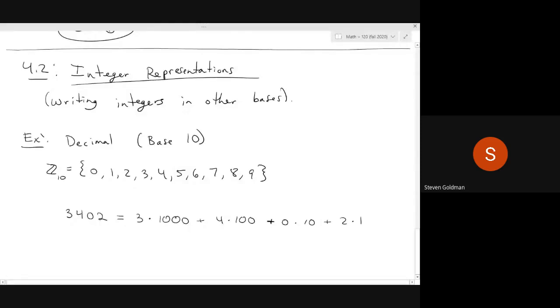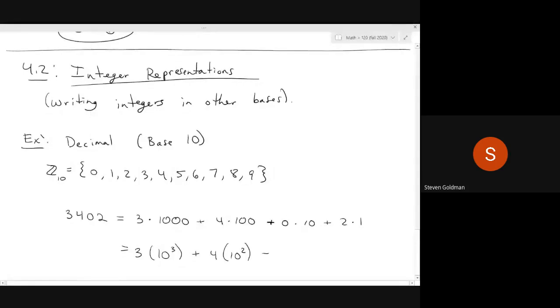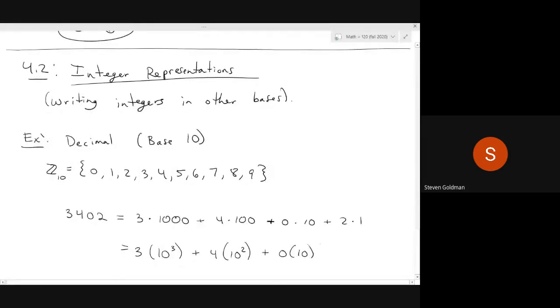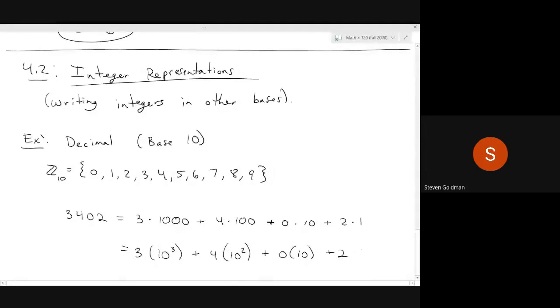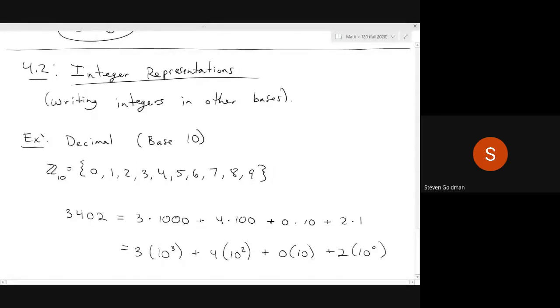In other words, I've got 2 ones, 0 tens, 4 hundreds, and 3 thousands. Or I can also think of this as powers of 10. This is the same thing as 3 times 10 cubed plus 4 times 10 squared plus 0 times 10 to the power of 1 plus 2 times 10 to the power of 0, which is just 1.